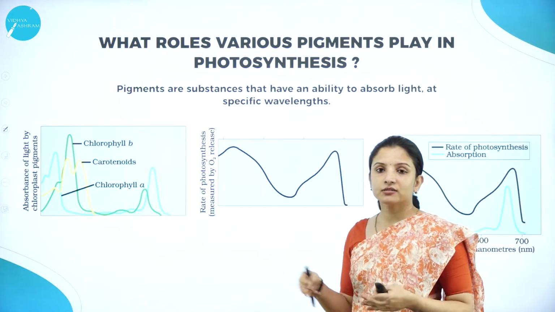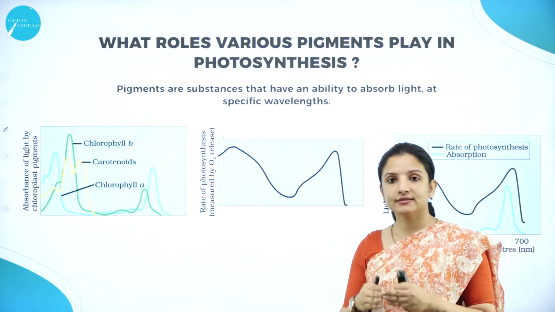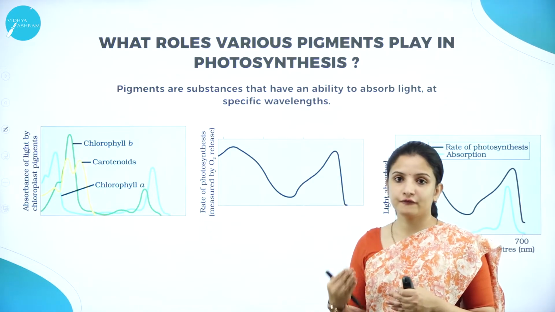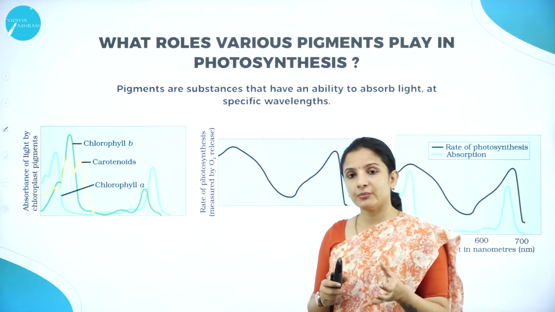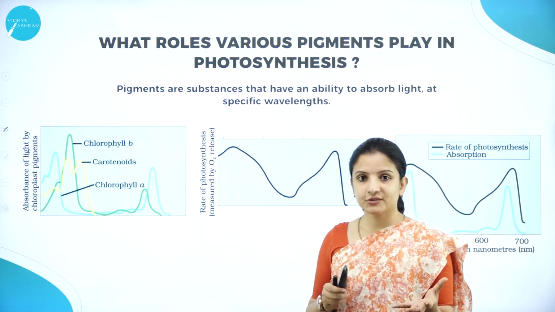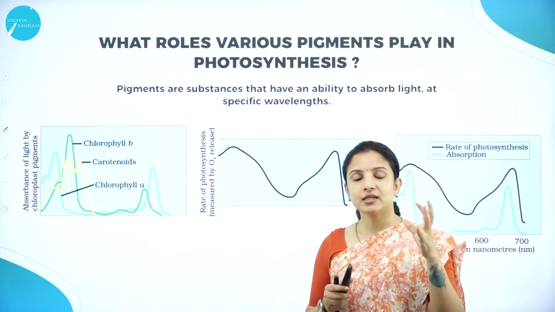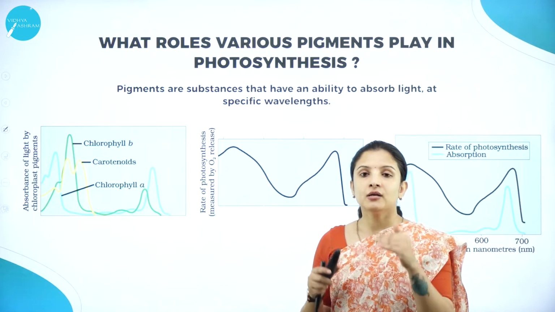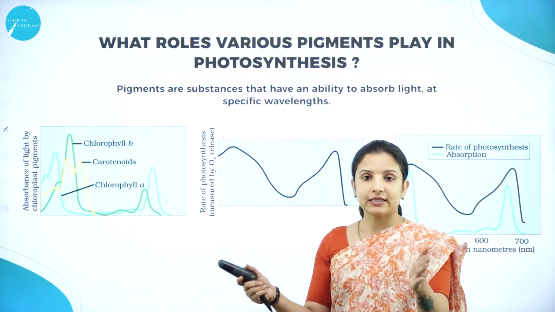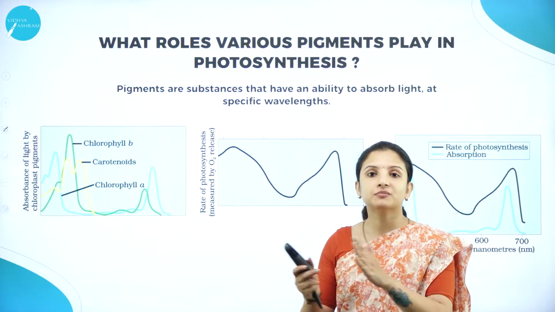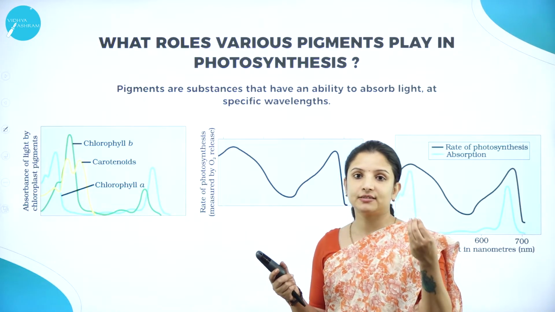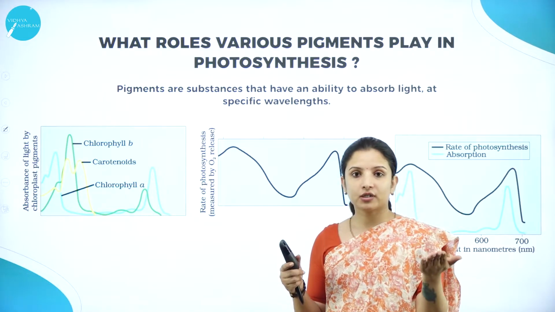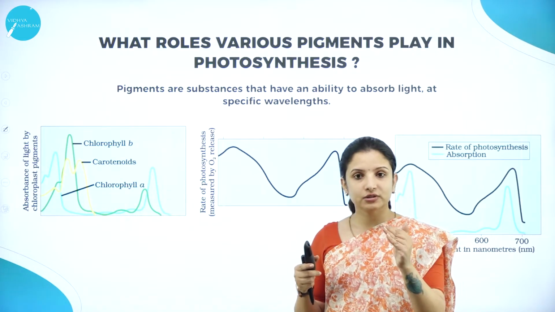Scientists wanted to understand how exactly the chlorophyll pigments take part in the process of photosynthesis. If you remember, we talked about an experiment wherein a scientist passed a spectrum of light through a prism, and the light that came out of the prism got split into different colors, almost the rainbow colors, VIBGYOR, wherein red was there, blue was there, and so on.